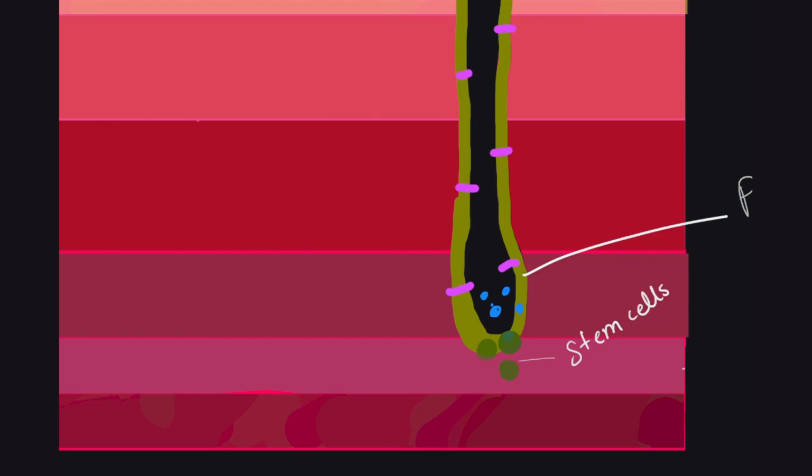If we look into these crypts more closely, we can also notice that more basally we can find the stem cells. Stem cells have the responsibility of giving rise to epithelium cells and neuroendocrine cells. So we know that a typical stem cell gives rise to neuroendocrine cells, and there are different types of neuroendocrine cells.